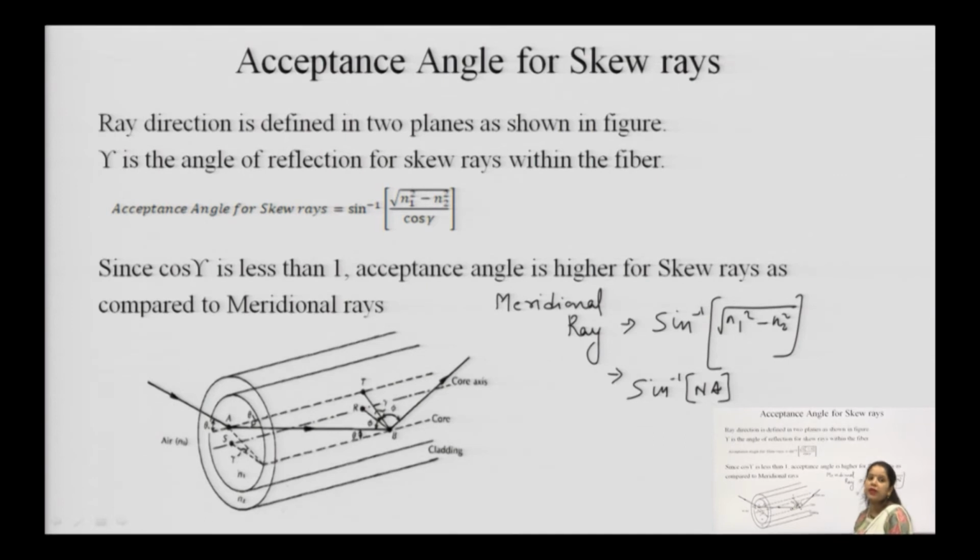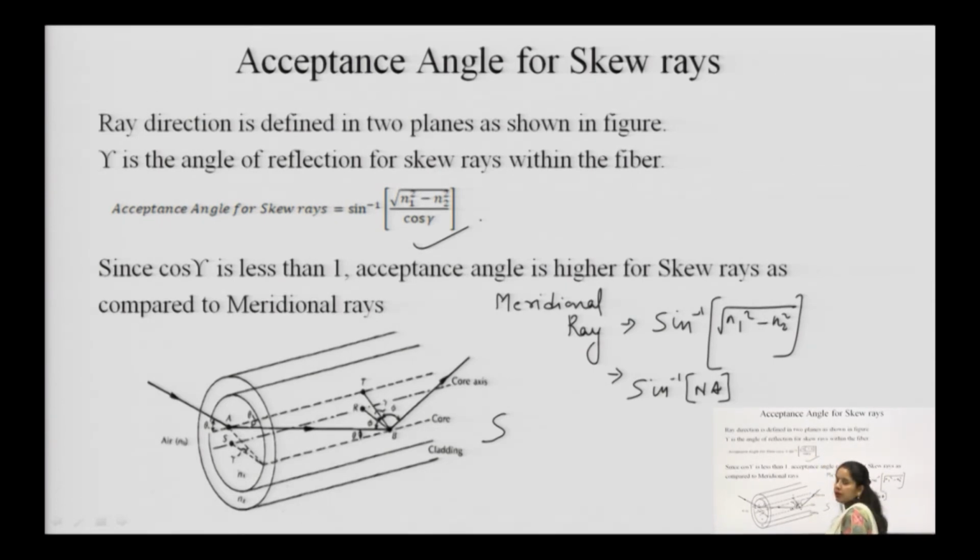This is the expression of the meridional ray for the acceptance angle, and for skew rays as given. So if we are saying that the value of cos gamma is less than 1 during the propagation of the skew rays inside the optical fiber, then what does it indicate?